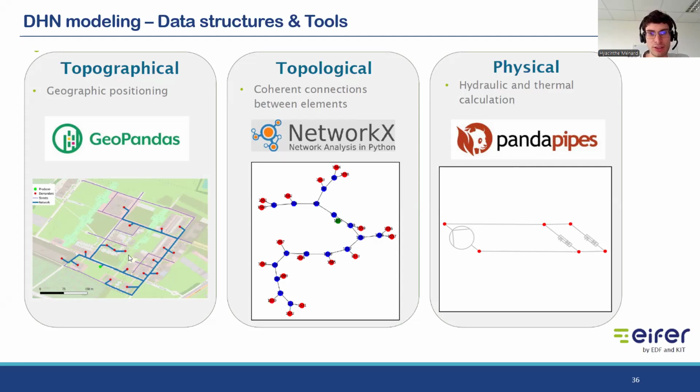Here in this example, in blue, you have all the nodes of the graph that represent the junctions between the pipes, and in red, the nodes that represent the substations, and all the edges between these junctions are the pipes of the network. And then I will convert this into the pandapipes network format to calculate the hydraulic and thermal calculation of the network.